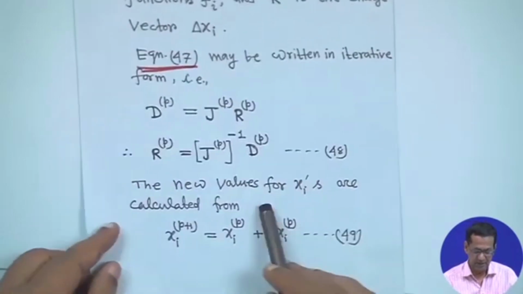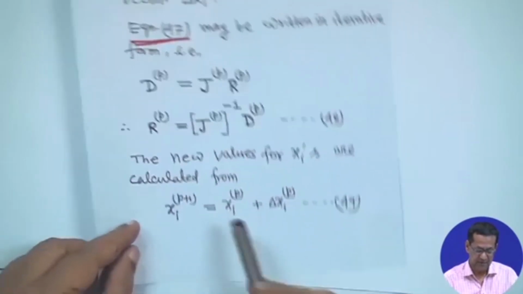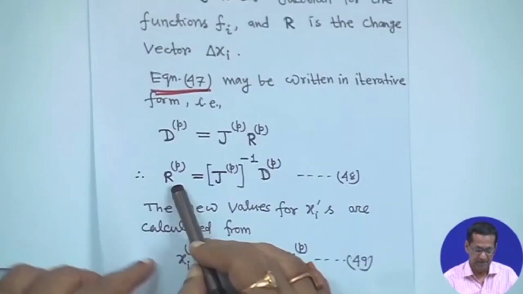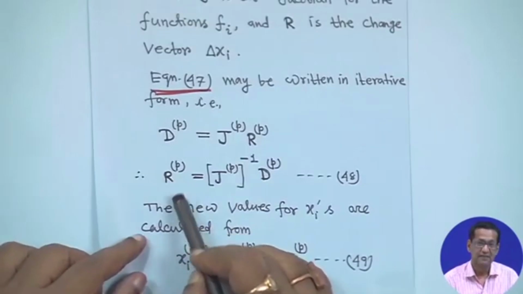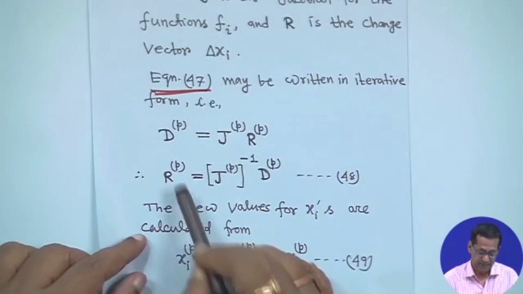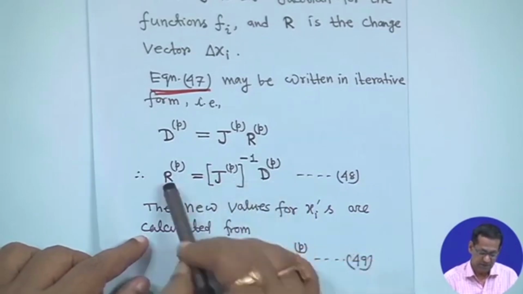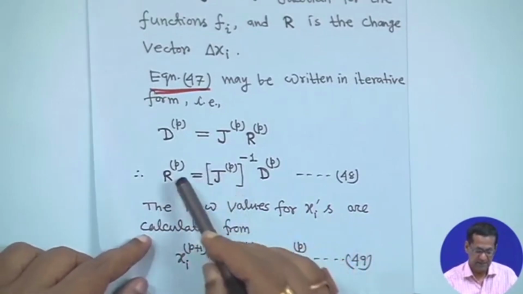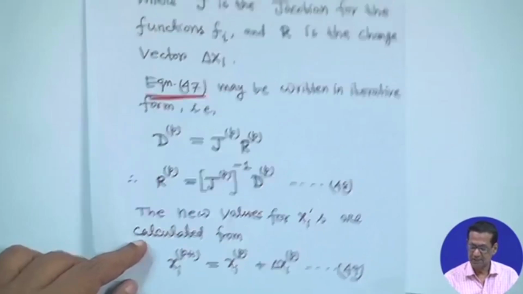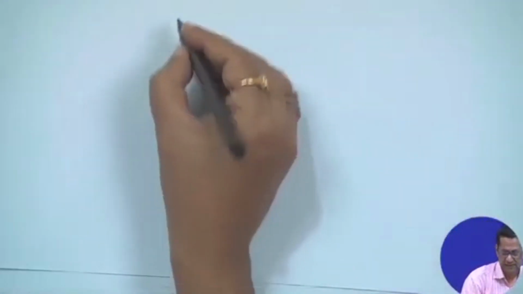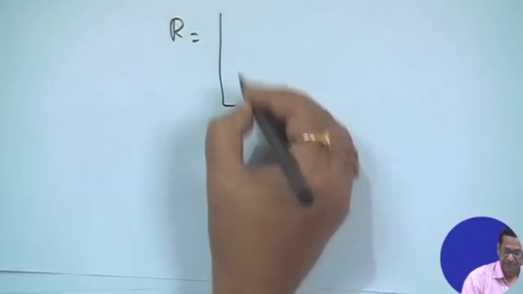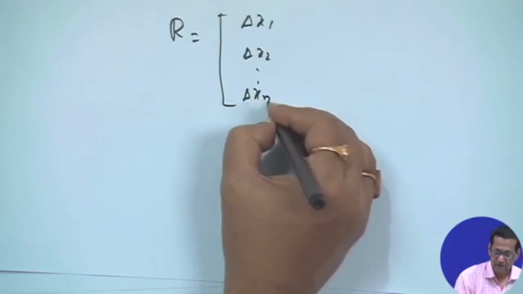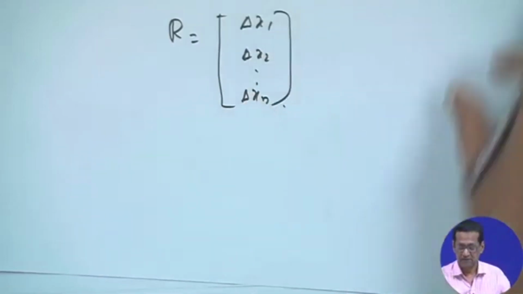So, the new values of xi are calculated: xi(p+1) is equal to xi(p) plus delta xi(p), because Rp is the vector delta x1, delta x2, up to delta xn.